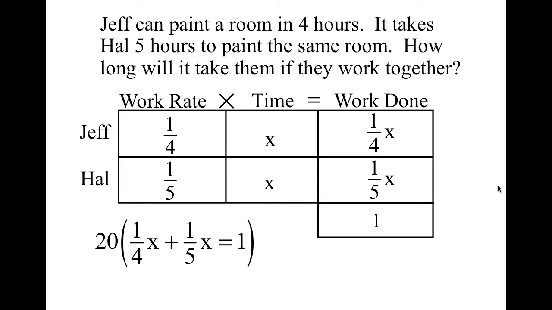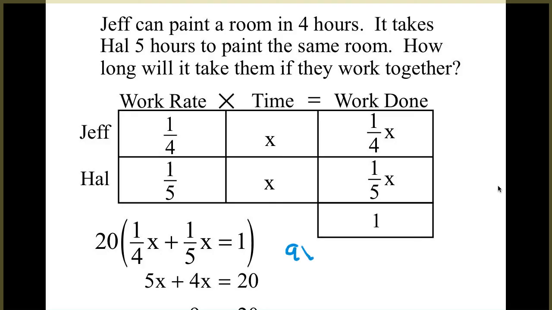Again, we're doing the same thing, multiplying by the common denominator, 20. We basically end up with the same thing. 9x equals 20. Divide by 9, divide by 9. X is equal to 2 and 2/9. Sorry, it's supposed to be a 9. Hours for them to do it combined.